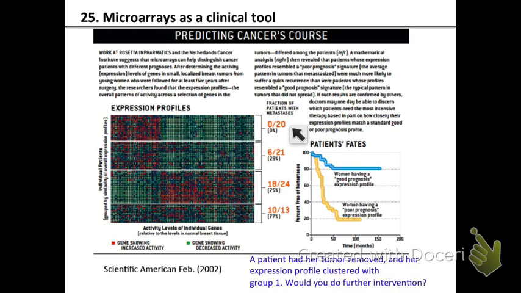Now you're wondering if you want to do further intervention, which is very unpleasant and has lots of side effects. You want to decide whether to do this or not. What would you do? Would you go ahead and do this really bad further intervention? No, right? Because you have the power of deciding: for this particular patient, I predict that this patient is not going to have metastasis, because of that gene expression profile.